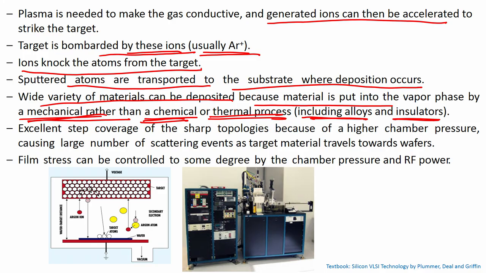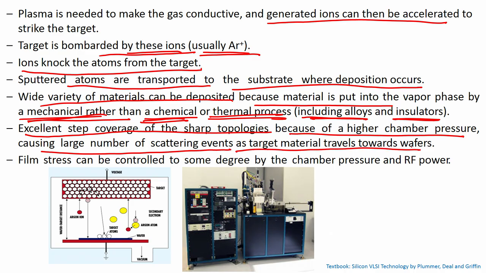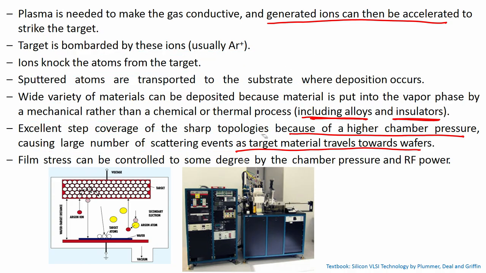So, what is the advantage here? Excellent step coverage of sharp topologies, because of high chamber pressure causing a large amount of scattering events as target material travels towards the wafers. What does that mean? First, a very high chamber pressure is required.